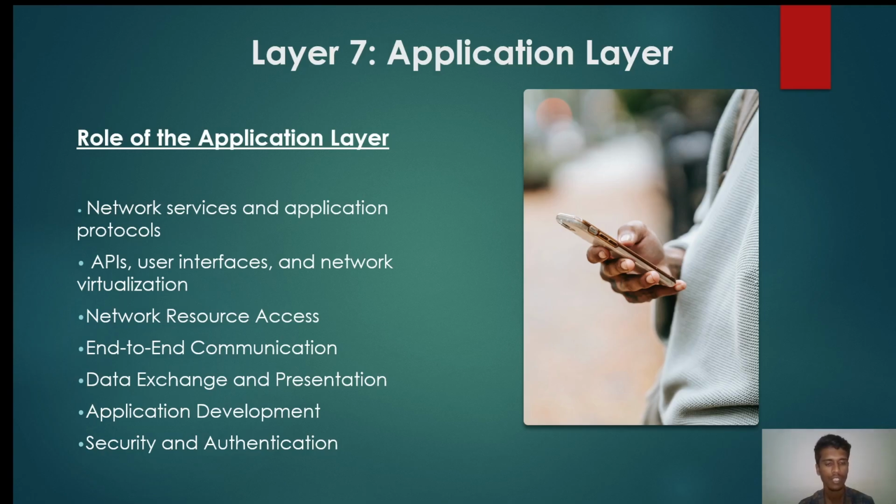End-to-end communication, it provides the communication between the user and the hardware or devices. Data exchange and presentation. Application development, it is also used in developing various types of applications in the software. Security and authentication, it also provides security for various devices.